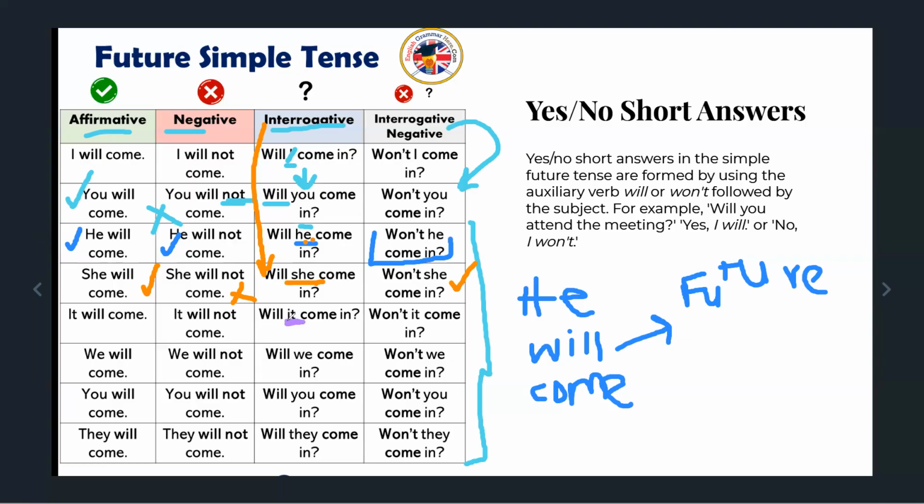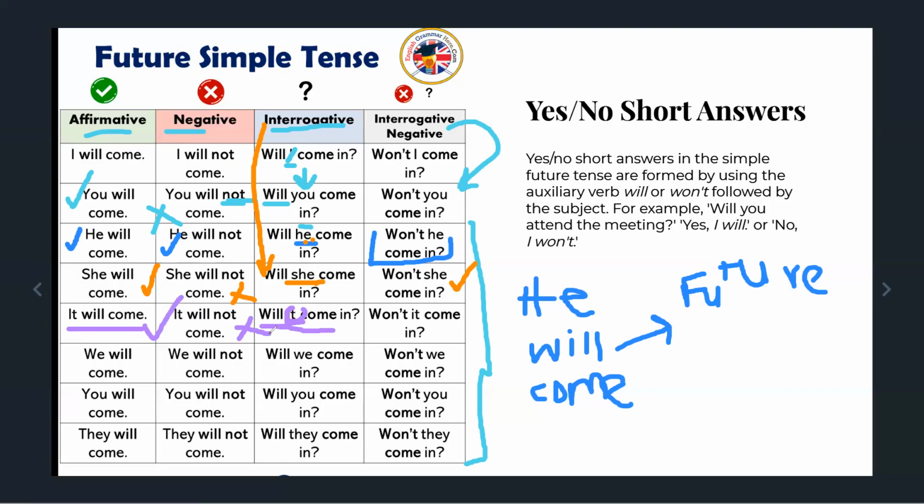If you are wondering how to do it with it, it doesn't matter that it's a thing, it's the same logic as the other examples. Will it come in? You are going to answer it will come. You are just going to put the it first and then the will. It will come. Yes, that's an affirmative way. It will not come. That is a negative way to answer the question.